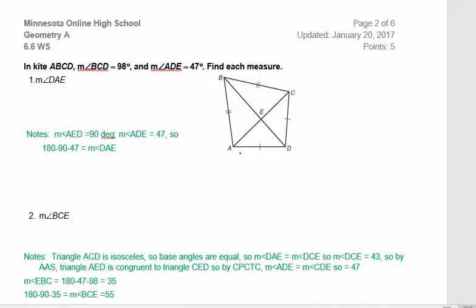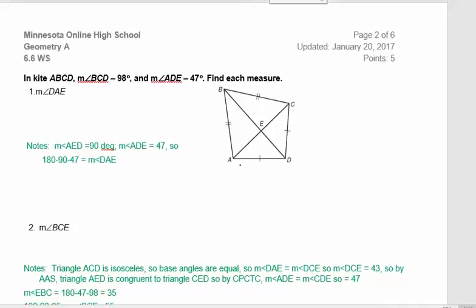It says that in kite ABCD, measure of angle BCD, this angle right here, is 98. Pen didn't want to grab there, but I think I got it now.